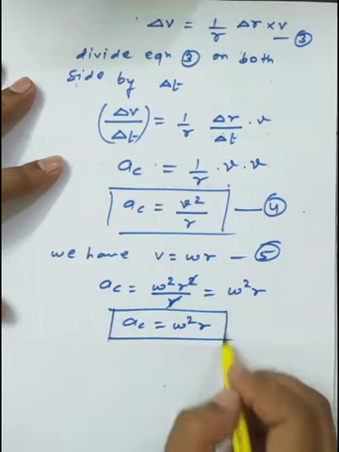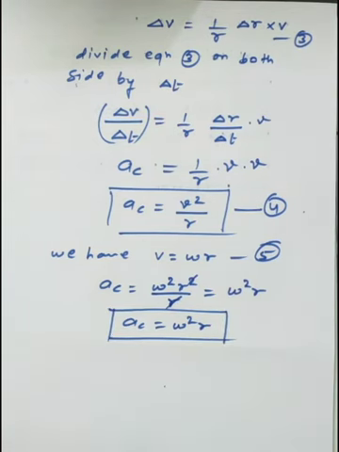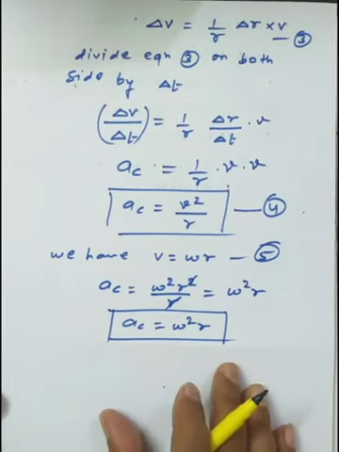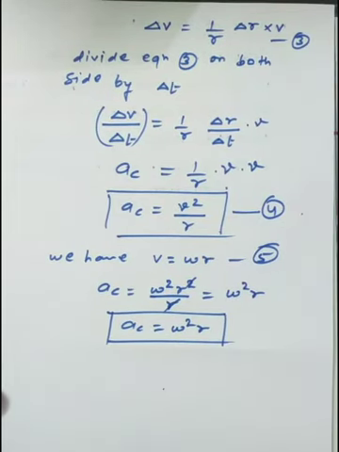We have discussed the formula of the centripetal acceleration, and as per its nature, its direction is towards the center along the radius at any point on a circular path, and in uniform circular motion the centripetal acceleration represents the net acceleration of a particle.